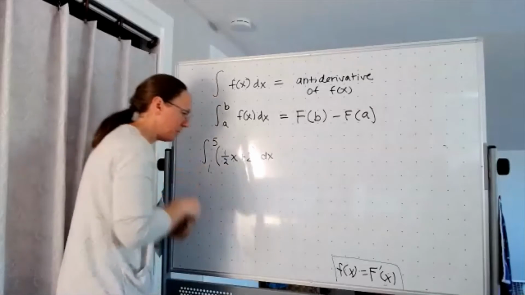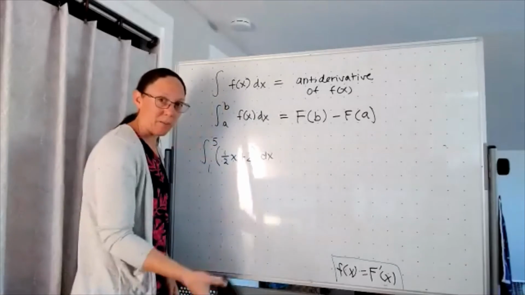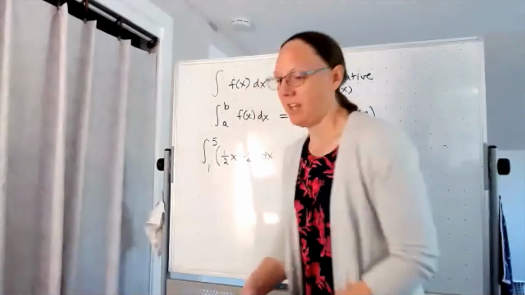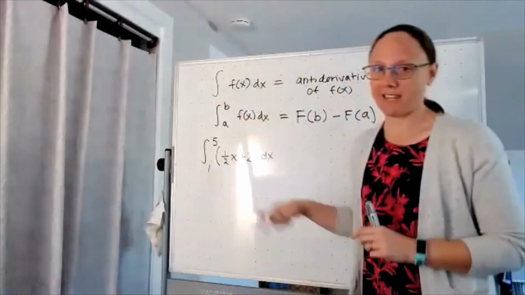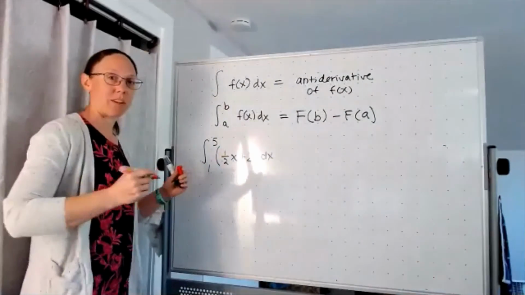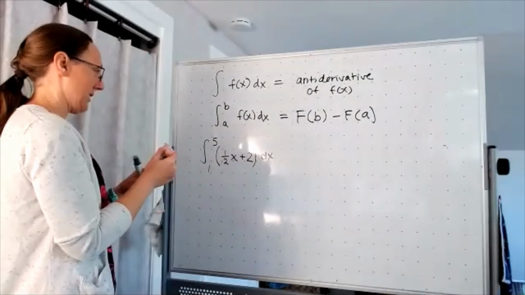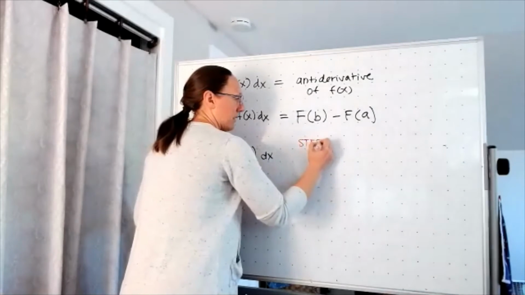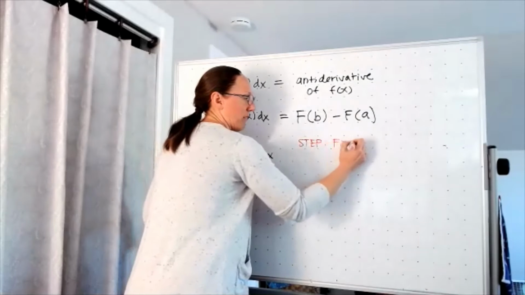Cool. So what those fundamental theorems of calculus say is they're giving us a two-step process for evaluating this. And I guess I have to stay over here to keep blocking the glare. Step 1, find the antiderivative.